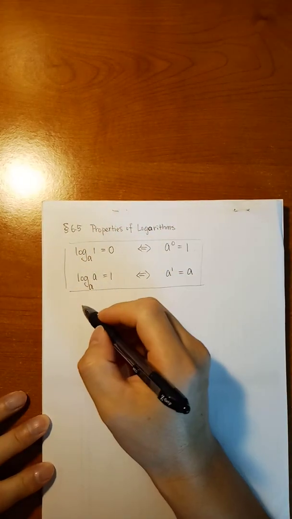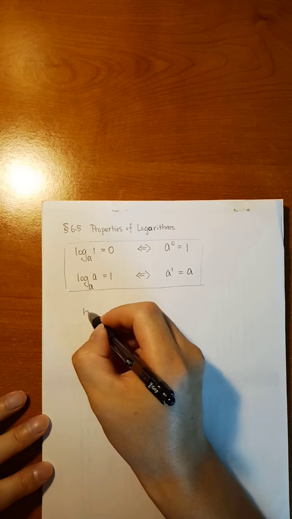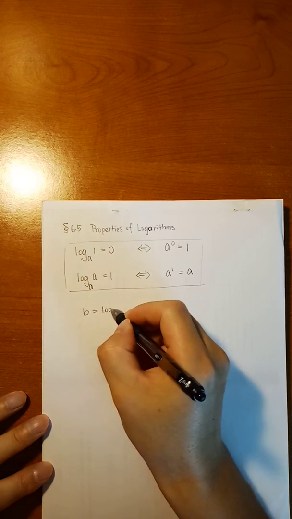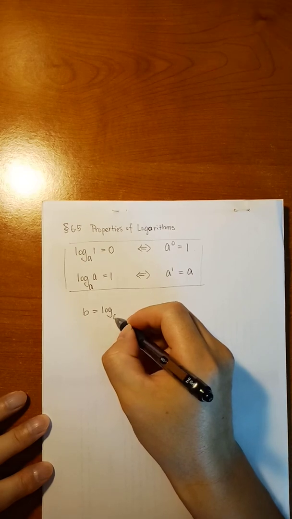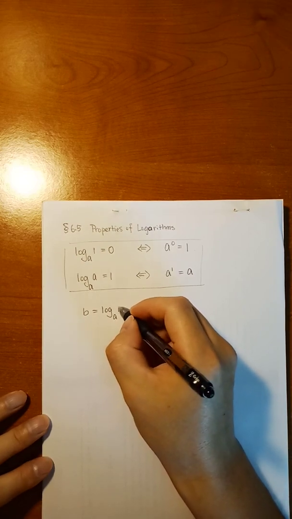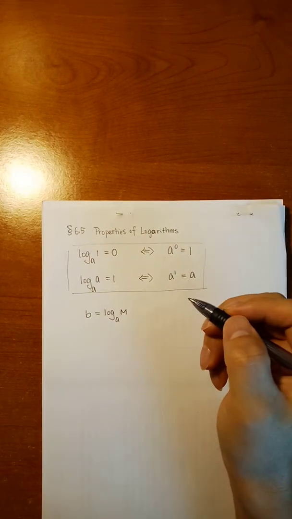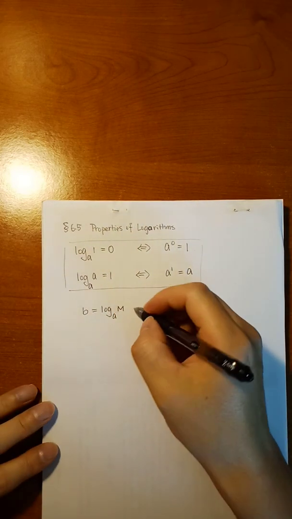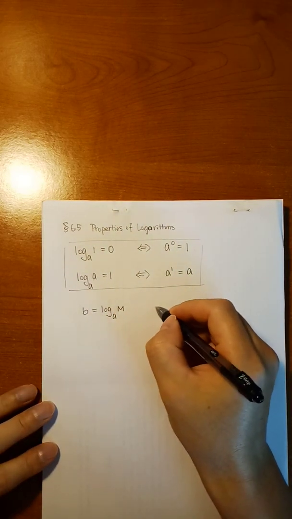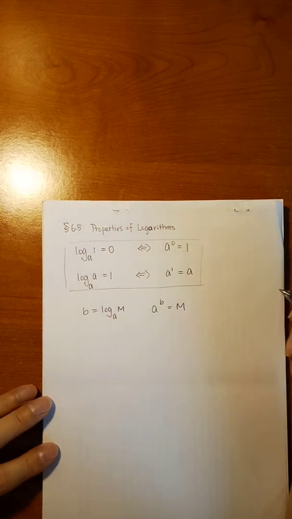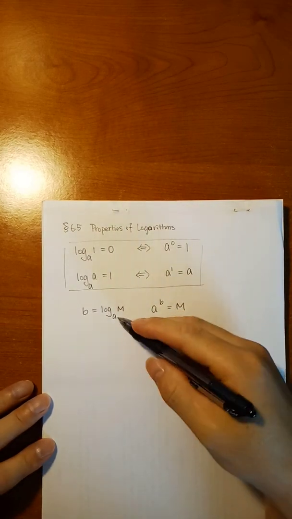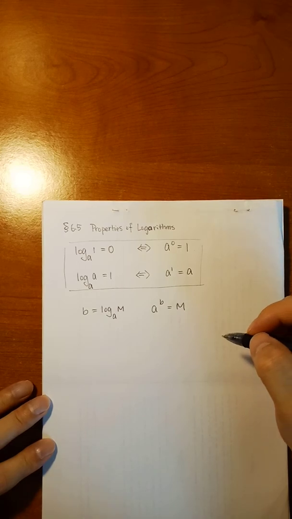And another thing, let's check here. b is log a of m. So what does this mean? This means a to b is m. a to b is m, right?